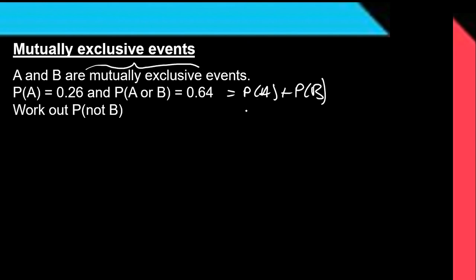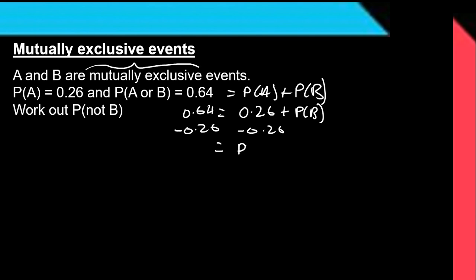I know that the probability of A is 0.26 and I'm trying to work out the probability of B. So if that equals 0.64, I can just subtract, and I get the probability of B happening, even though I didn't know what that was: 0.38.